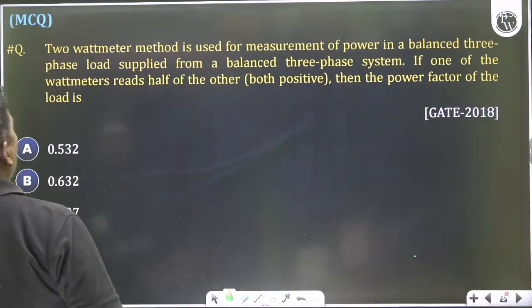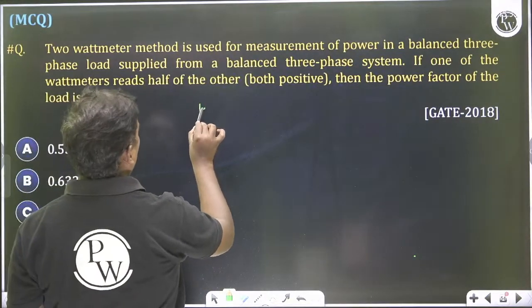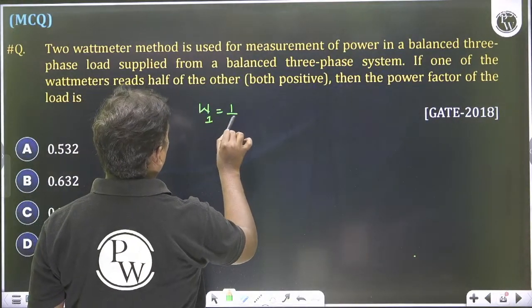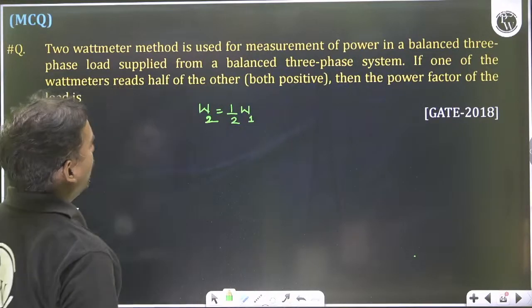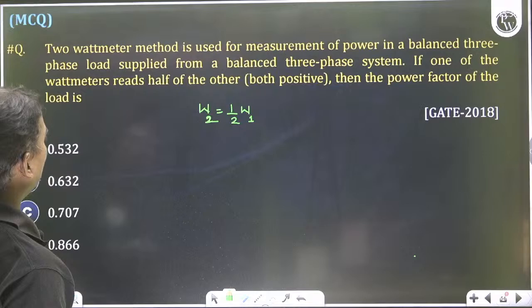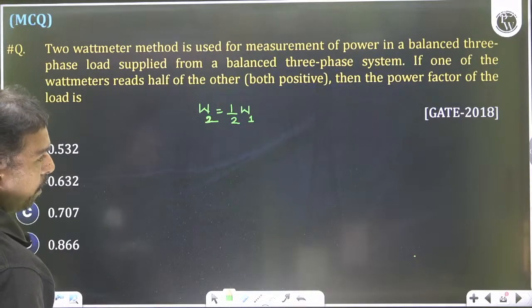One of the wattmeter readings is half of the other. If one of the wattmeter readings is half of the other, then the power factor is what? So how to solve this?